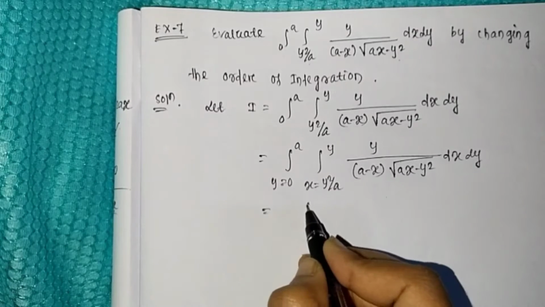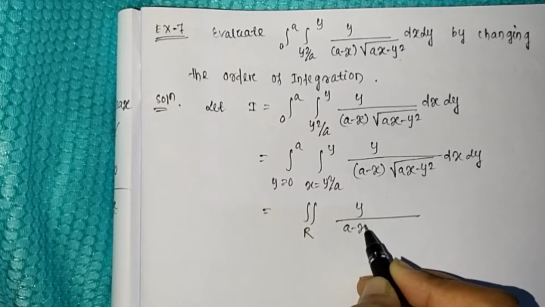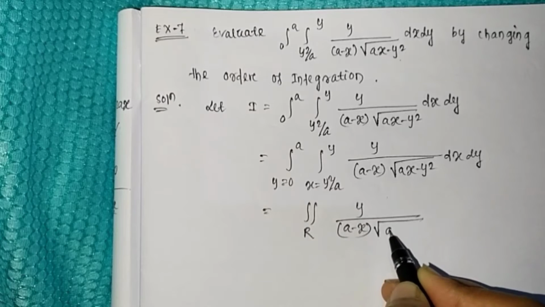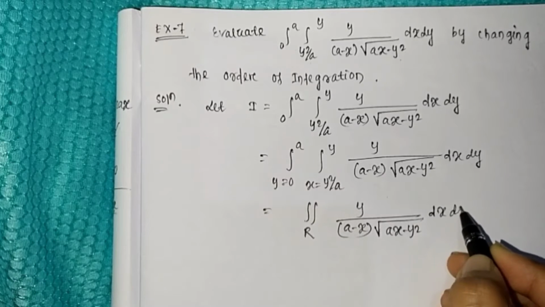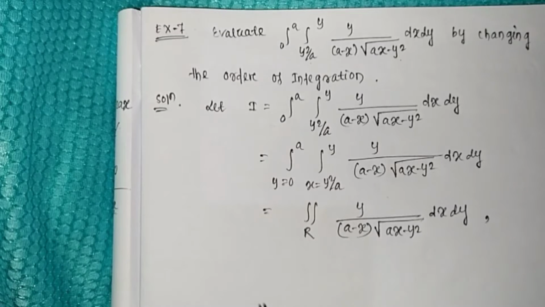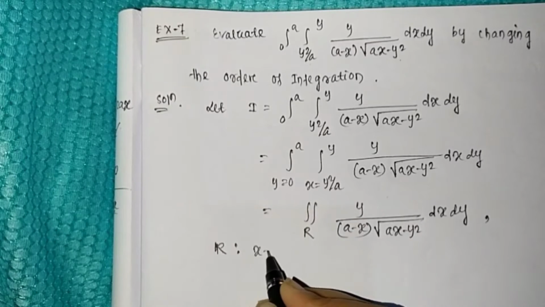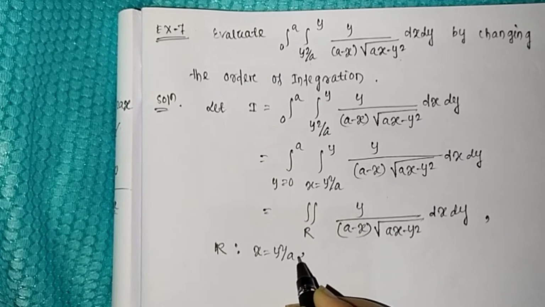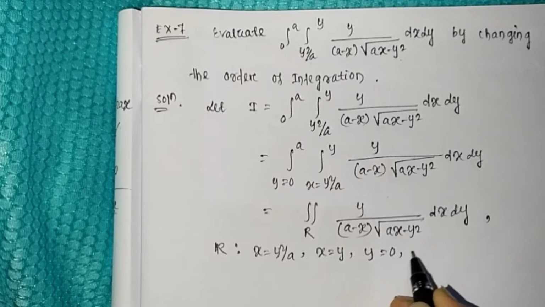So that is equal to the double integral over R of y divided by (a − x) into the square root of (ax − y²) dx dy, where R is the region bounded by x equal to y²/a, x equal to y, y equal to 0 and y equal to a.